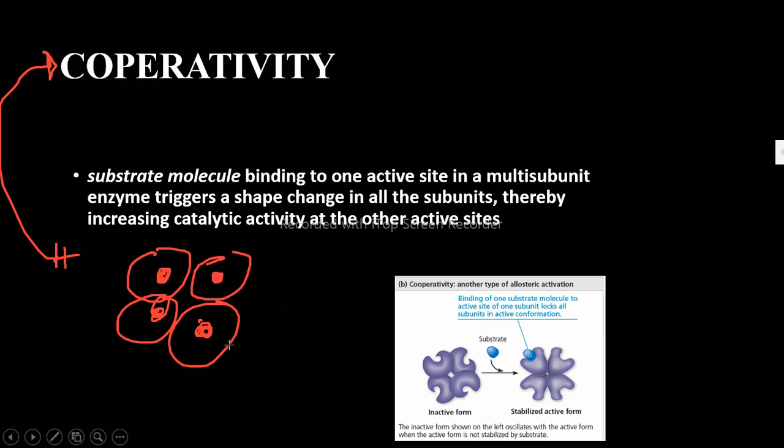Now, these heme groups are shielded inside, they are not easily exposed. So it is really hard for oxygen to access these heme groups.